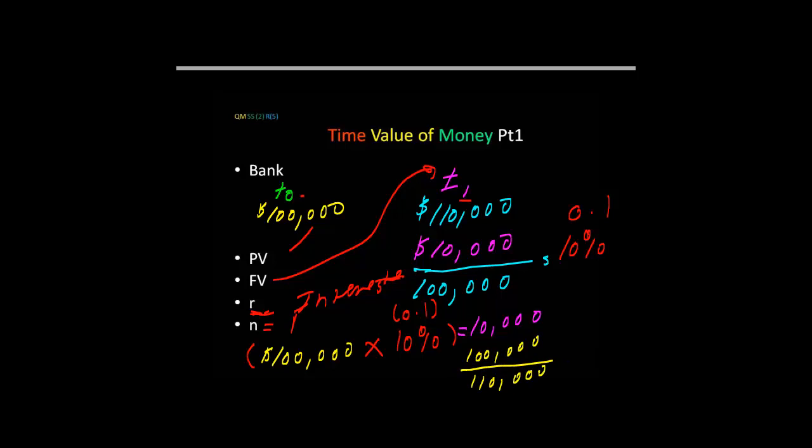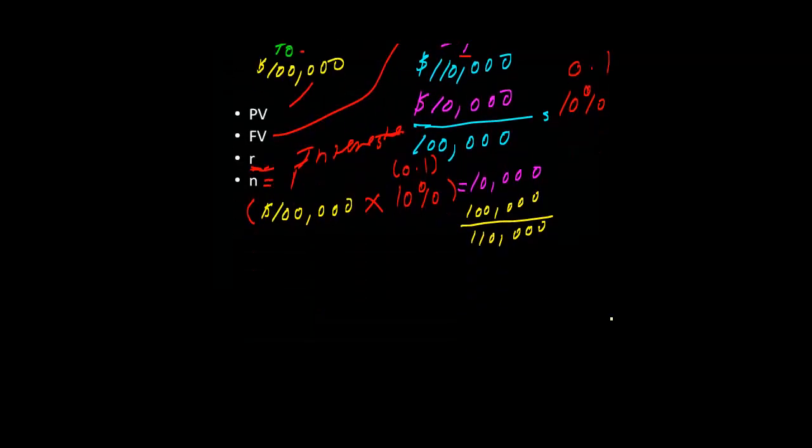So let's put an equation that expresses this relationship. Our $100,000 is our present value. Our present value, we multiplied it with 10%, so multiplied by R. And after we multiplied it by R, we added another time the present value. So we add the present value again, and this is going to be equal to our future value.